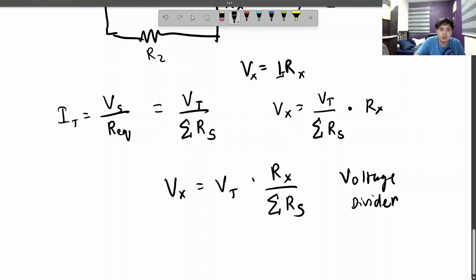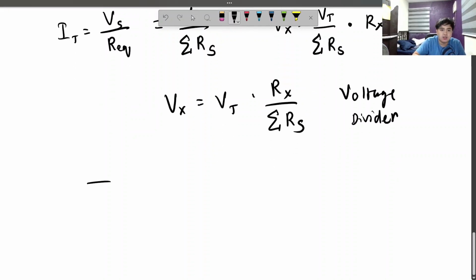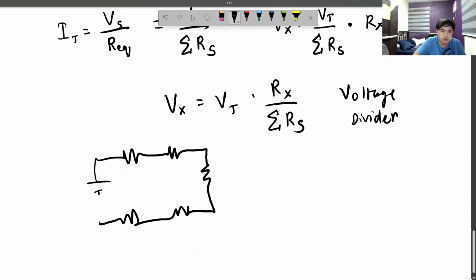And this is useful if you have a lot of resistors, maybe in a series circuit, and you know the total voltage in this circuit, and you know all the resistances. You just want to find this particular voltage. You can use this one. So let me reiterate what this represents.